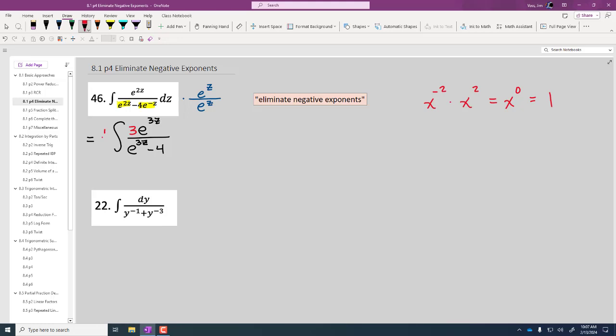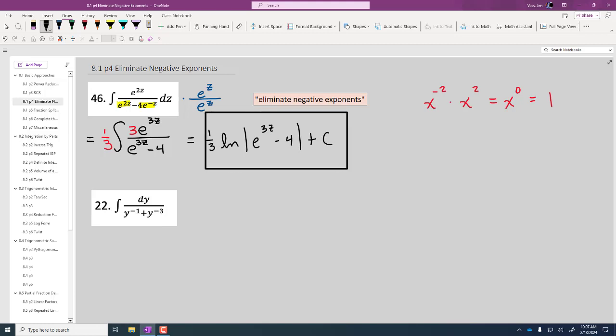We need to offset that by multiplying by 1. So 3 times a third is 1. Now it's in log form. We're golden. We can say, this is 1/3 natural log absolute value of the denominator. So log form, again, we are going to see that ad nauseam.